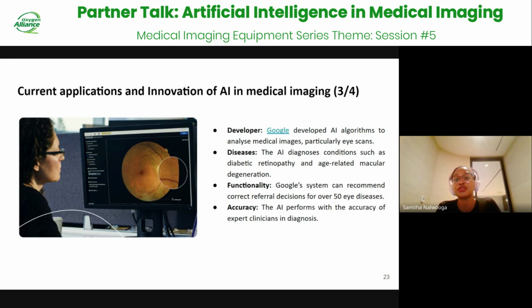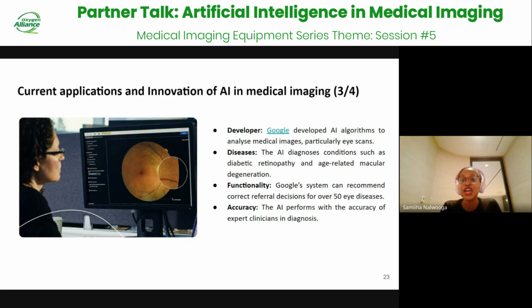This is something that was developed by Google, and I think the first pilot test was in India. So what Google did was develop AI algorithms, of course, using convolutional neural networks. Now we know about the AI that sees, to analyze medical images, particularly eye scans.